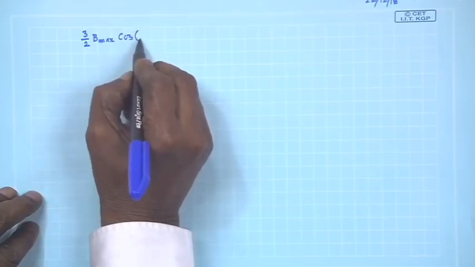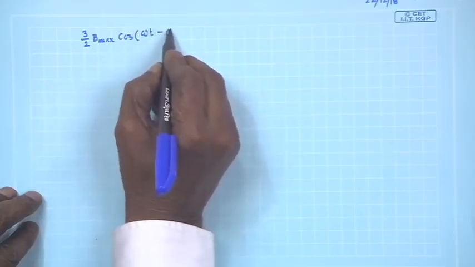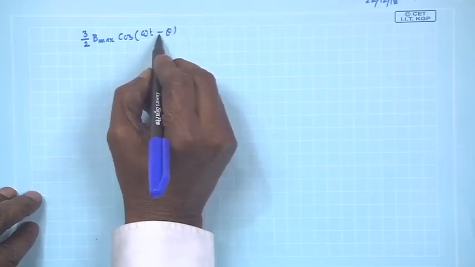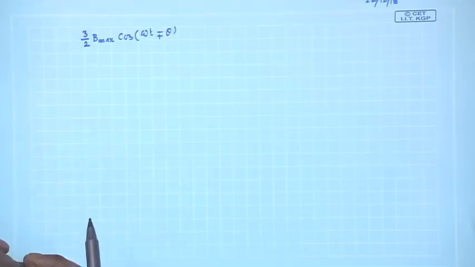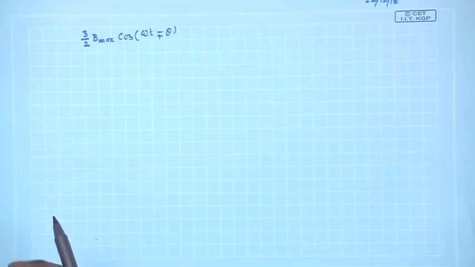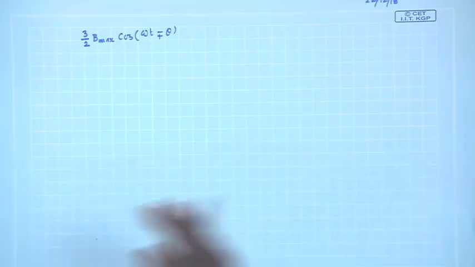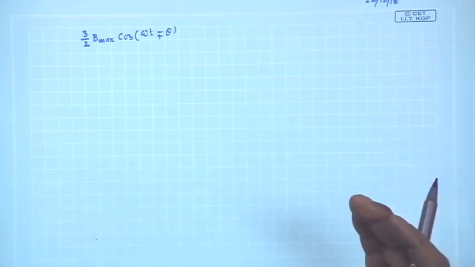cosine omega t minus theta. It could be also plus. We will examine those things in detail. The equation cosine omega t minus theta, if you take the minus sign, indicates a field moving in the forward direction of theta, and if you take the plus sign, it indicates a field moving in the negative direction of theta.